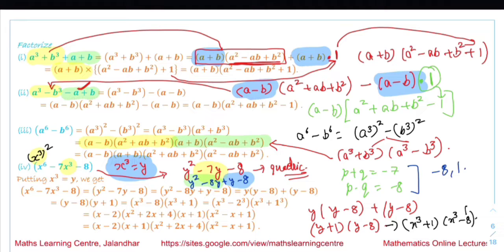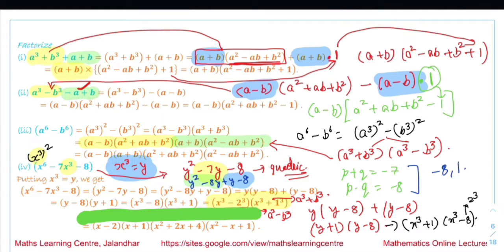Now x cube minus 8 means it is basically 2 cube. So now our question reduces to the form x cube minus 2 cube into x cube plus 1 cube. So these are the direct formulas over here. This is the formula for a cube minus b cube, and we apply the direct formula a cube plus b cube, and we obtain these terms in this form.